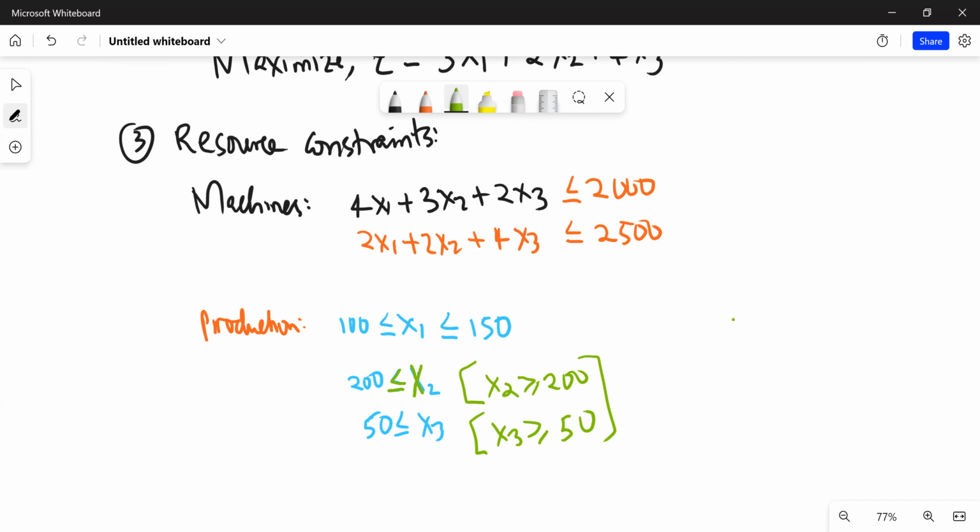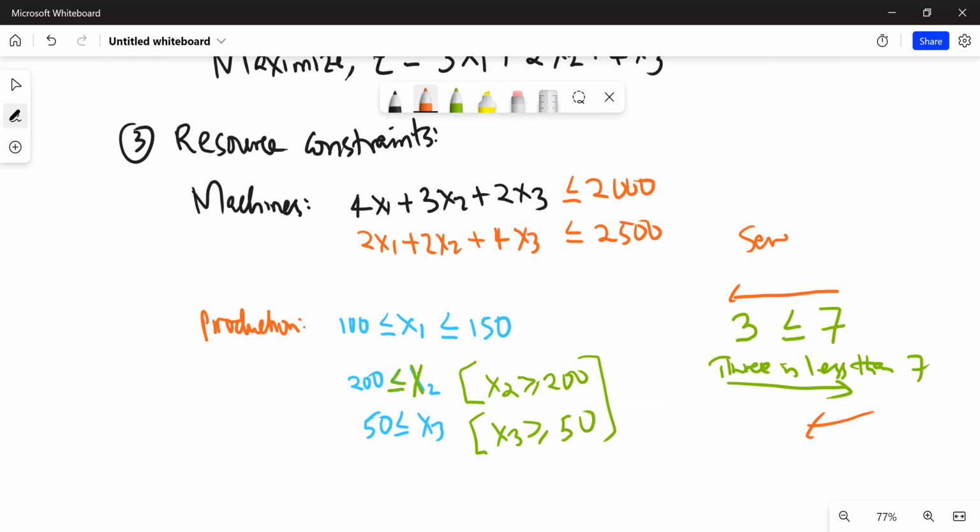The same way, if you have 3 is less than 7, but if you read it in the reverse, starting from 7, you will say that 7 is greater than 3. Those stories are just the same. So that is our third part.